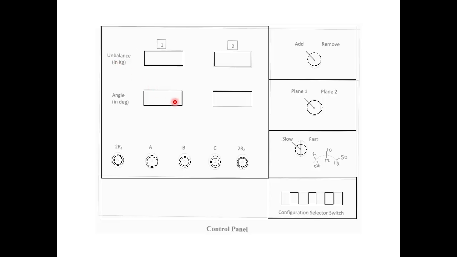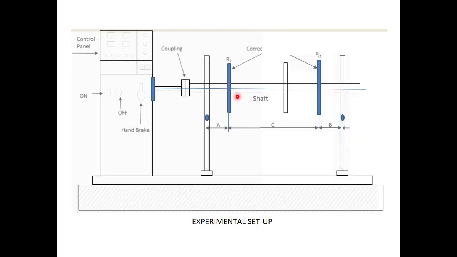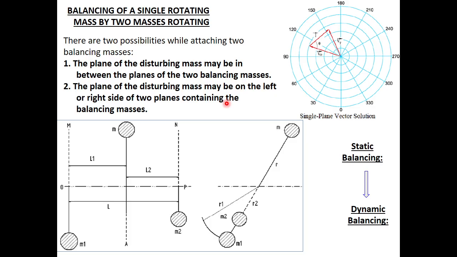What is there? There is an unbalance indicator and an angle indicator. Why are there 1 and 2? This 1 and 2 refers to these two correction planes. Now, what we have seen earlier, this sort of dynamic balancing always requires two correction planes, because unbalanced couple cannot be corrected by a single plane.